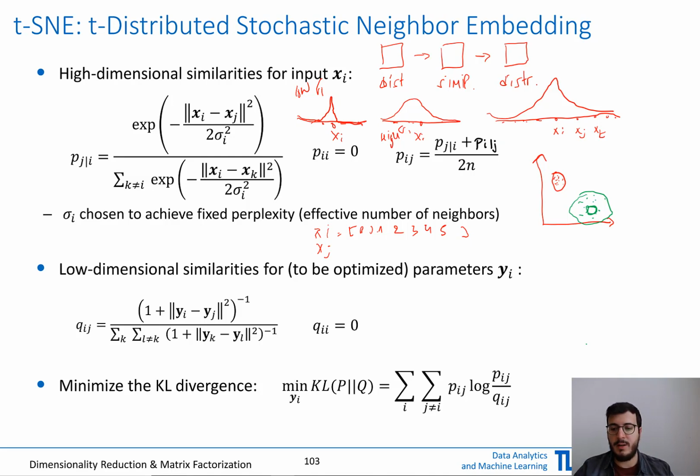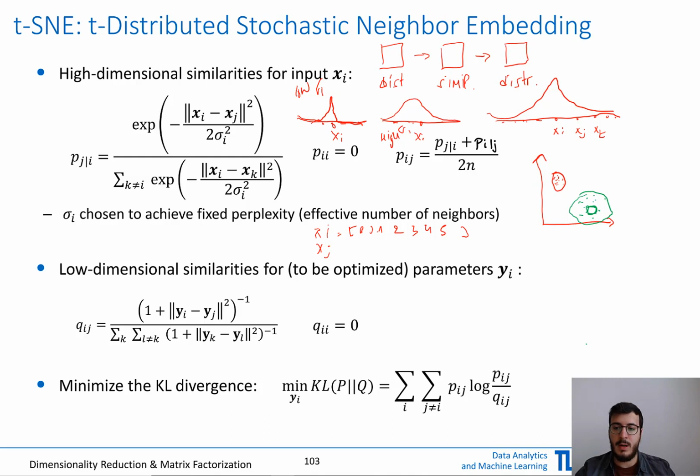We also have to add this other division by n because we have n data points. Each of these rows of normalized similarities sums up to 1, and we have n many of them, so that's why we divide by n. So we divide by 2 because we're adding these two numbers, which is basically the average similarity, and we divide by n because we have n data points.